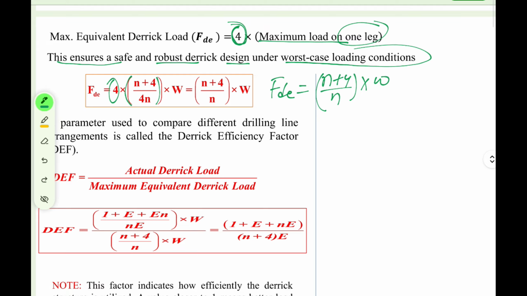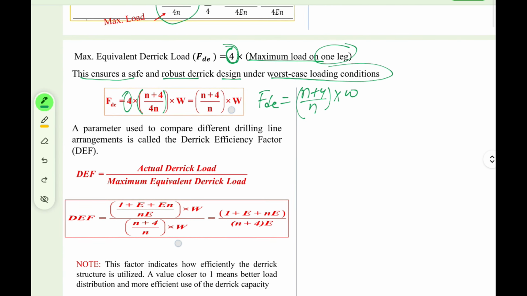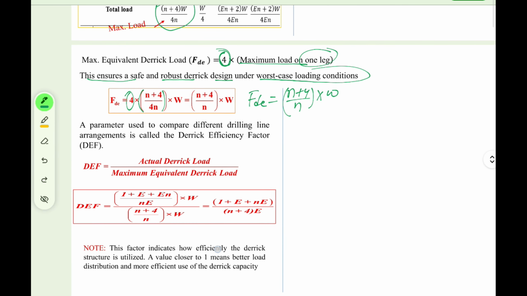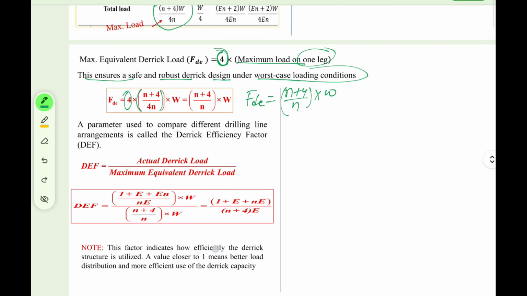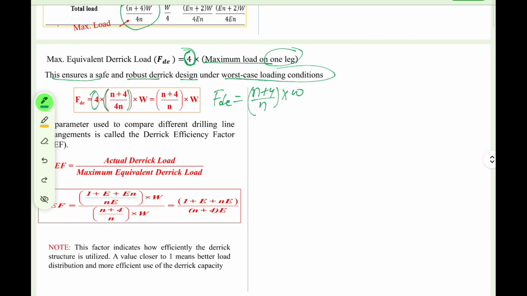Now a very important parameter is introduced, used to compare different drilling line arrangements. It is called the Derrick efficiency factor, and it is defined as the actual Derrick load by the maximum Derrick load.